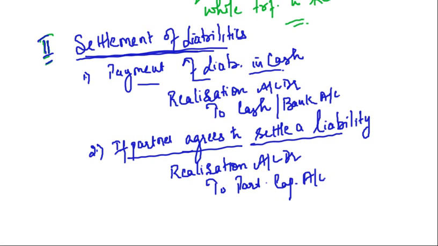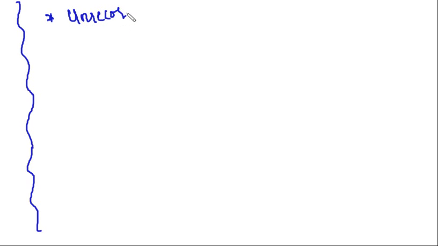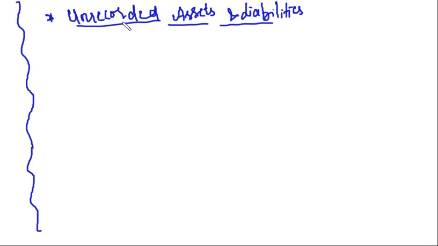Clear, friends? Now, one more topic that we are going to discuss here is unrecorded assets and liabilities. What are these?